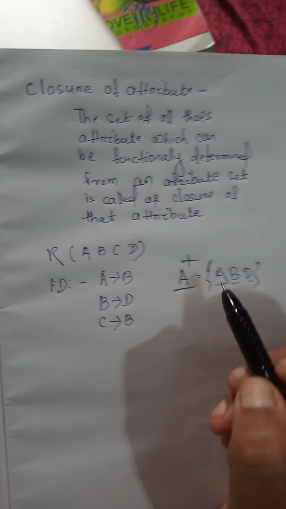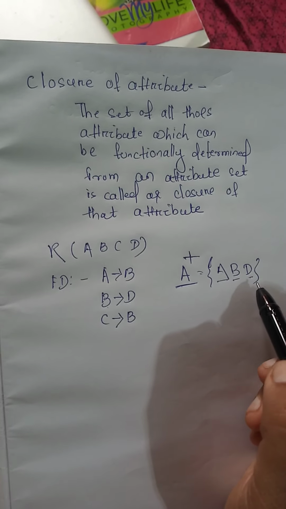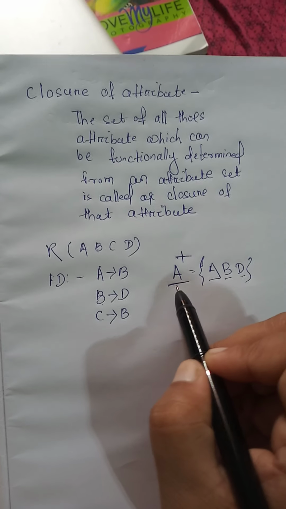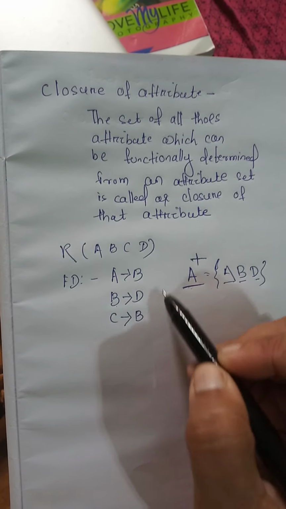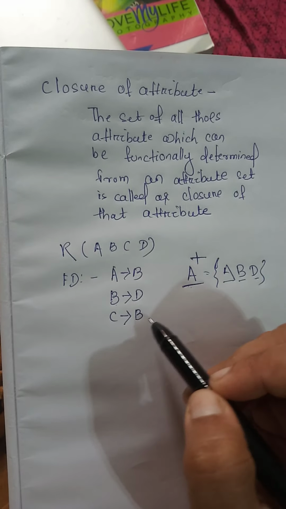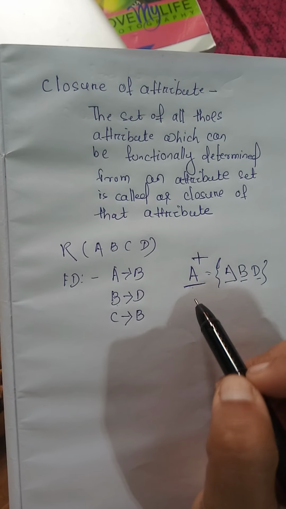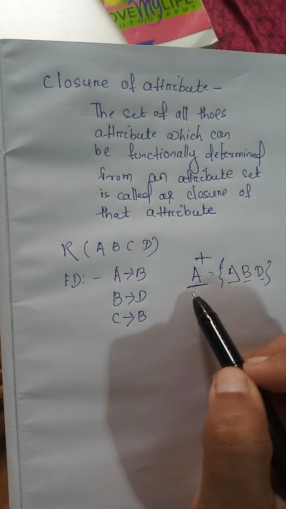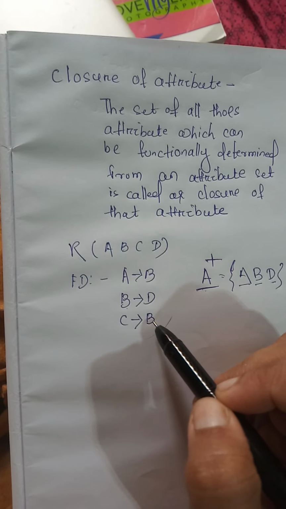So you have to find out, directly or indirectly, the attributes which can be determined from the attribute A using the given functional dependencies. Clear?